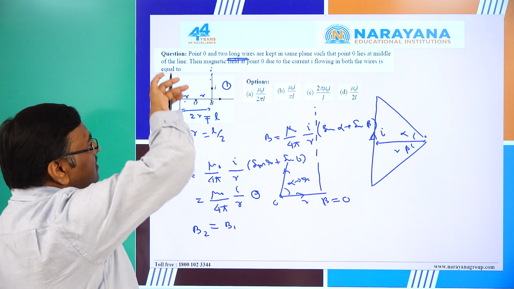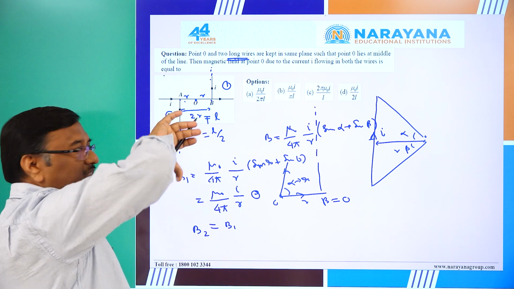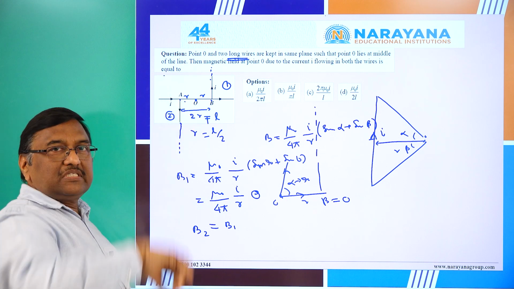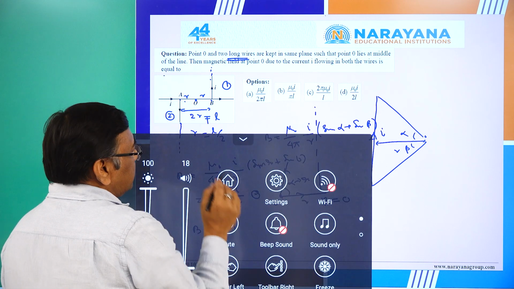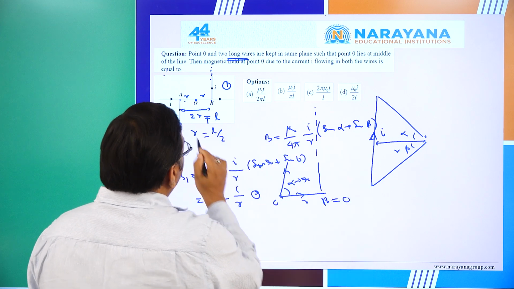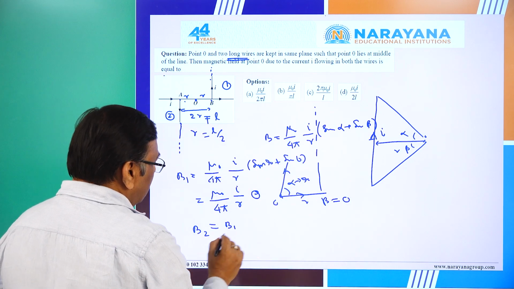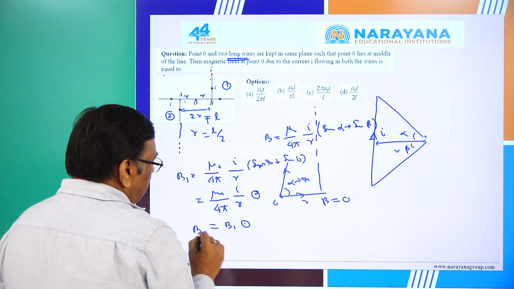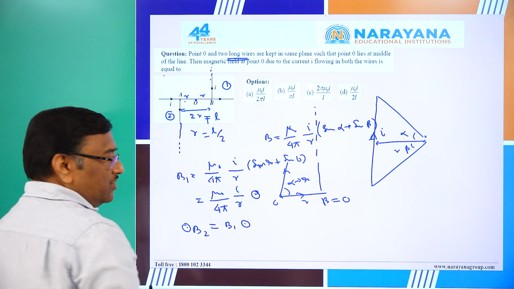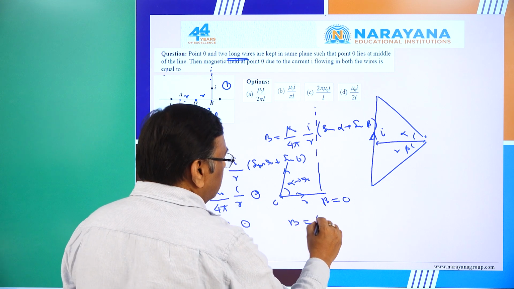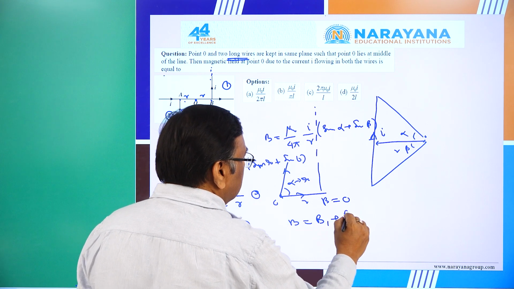The current is going in the downward sense, and by the right hand thumb rule, the curl of the fingers is again in the outward sense. So B1 is in the outward direction and B2 is also in the outward direction. The net field at the point O will therefore be B equals B1 plus B2.